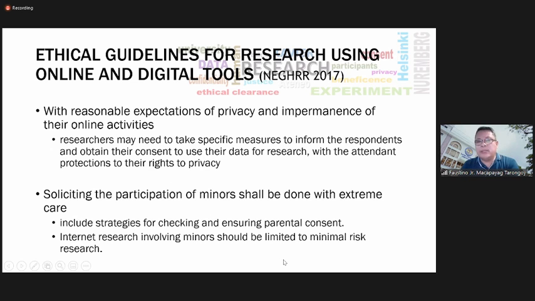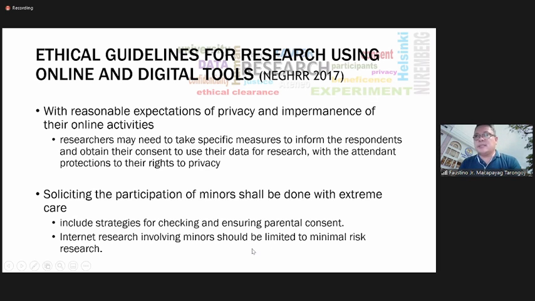Take special mention of the participation of minors. Please do them with extreme care. Make sure that you really obtain also their parental consent, because informed consent cannot be obtained directly from minors, so you have to first obtain their parental consent. So you have to go through the process again of the informed consent of the parents.